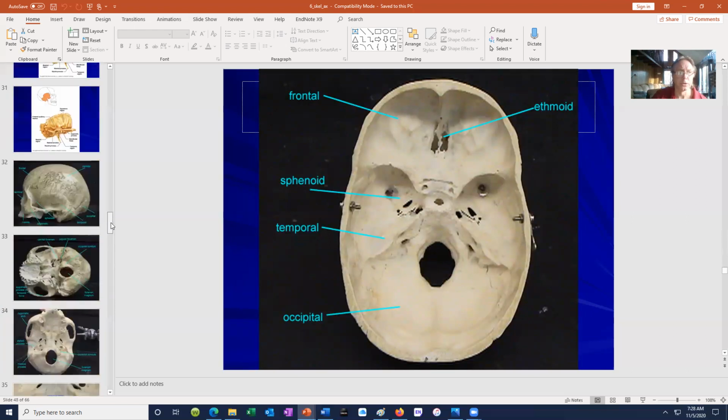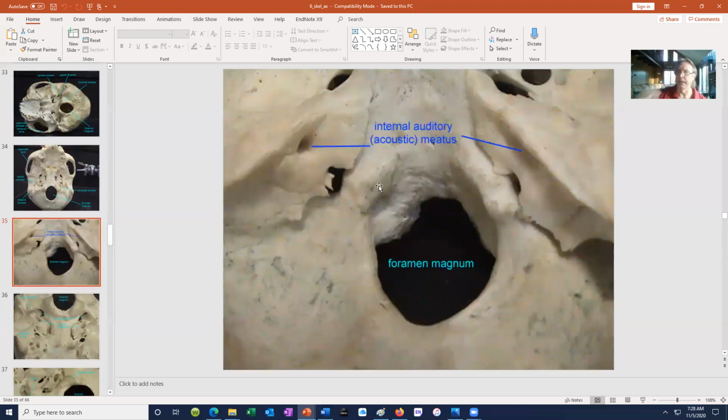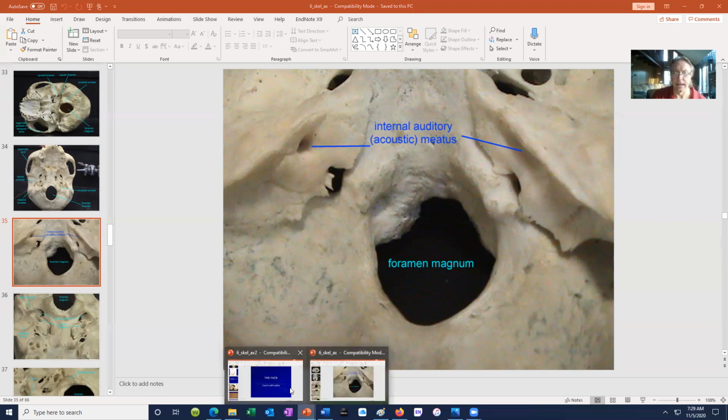If you take a closer look at that internal base of the skull, just like there was an external auditory meatus leading into the ear region, then the eighth cranial nerve, carrying information about what we've heard, will pass through the internal auditory meatus to reach the brain. And so what we consider the middle and inner ear exist there.